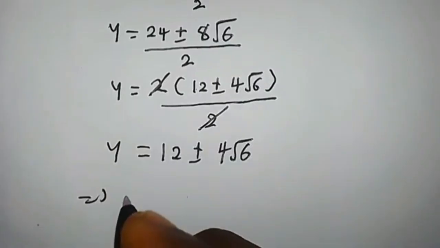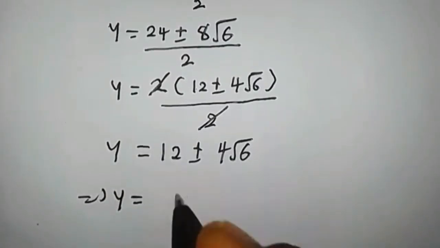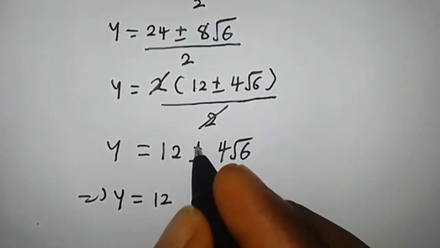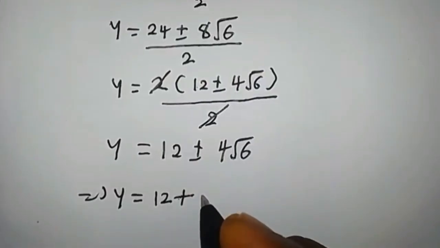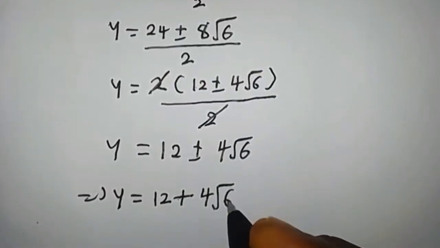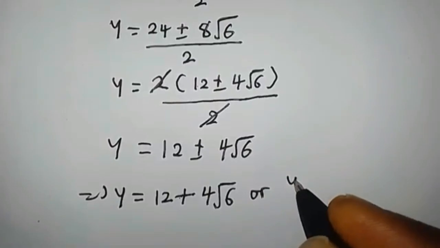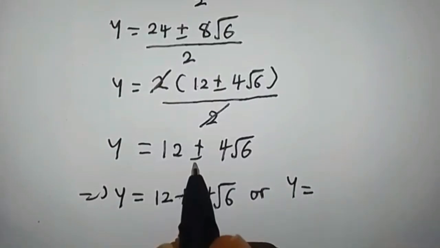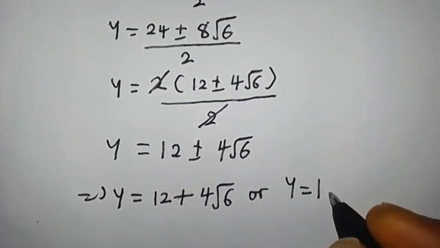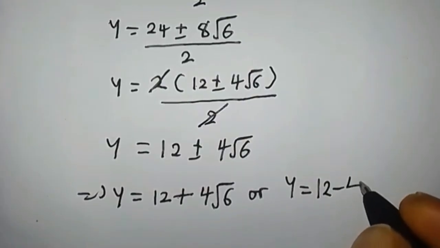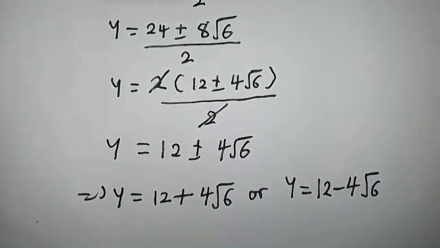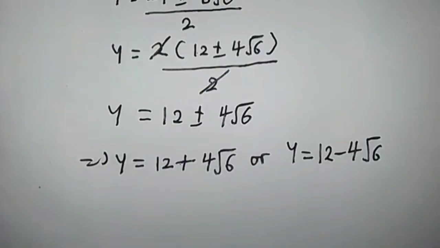This implies that y is either equal to 12, considering this positive sign, we have plus 4 root 6, or y is equal to, considering this negative sign, we have 12 minus 4 root 6. You will see that we have two values for y. They are distinct.